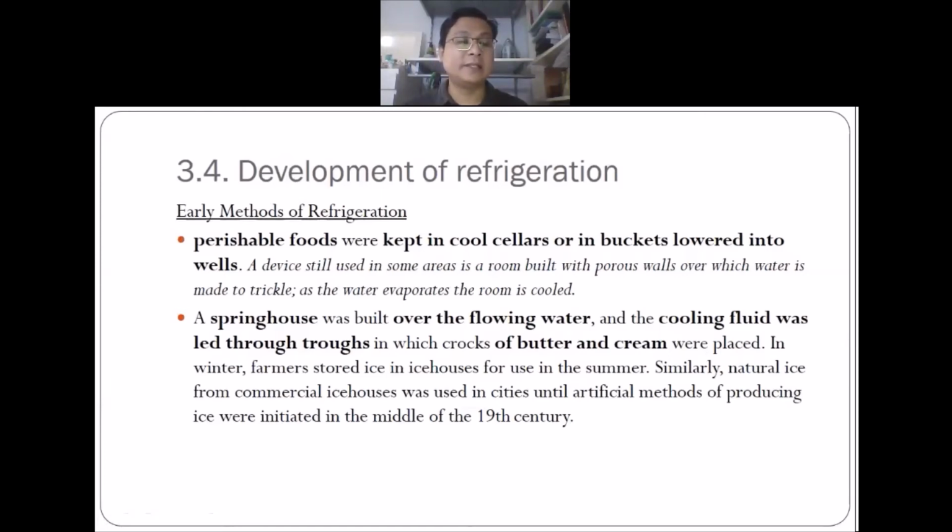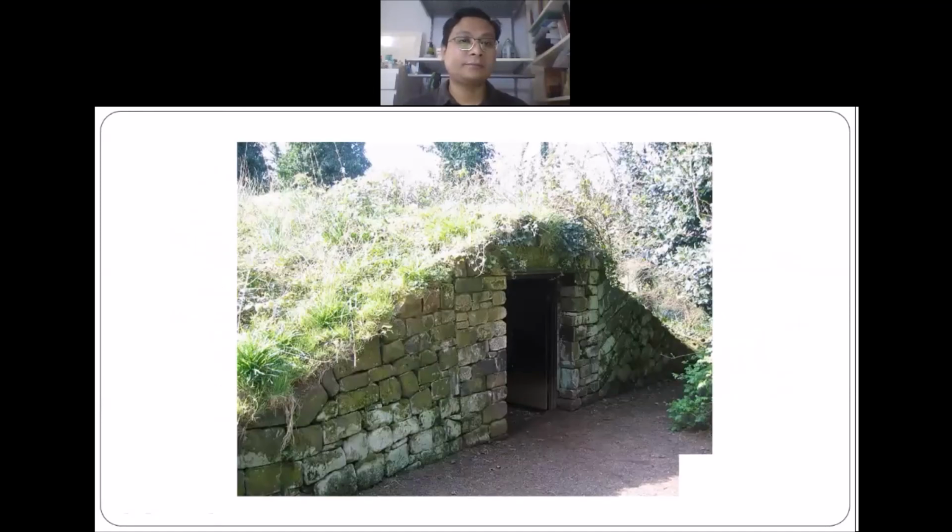This one is limited to food storage. You can see an example of how the spring house was made. The rock will keep out the temperature and the humidity from the outside.